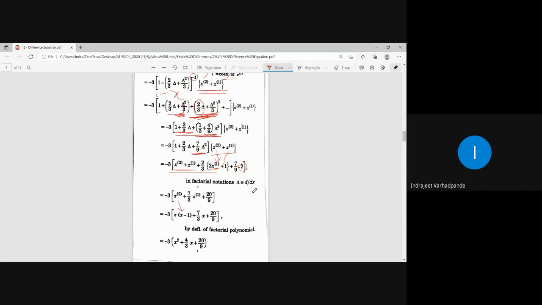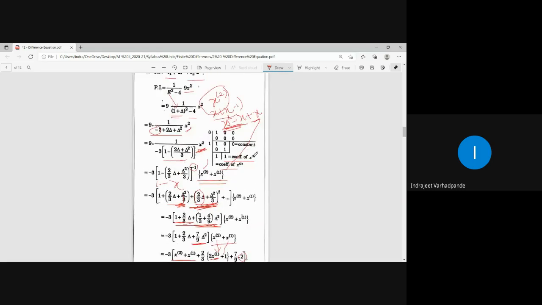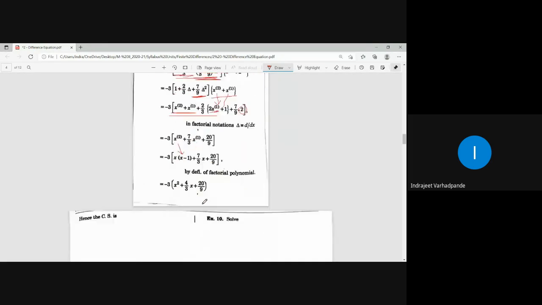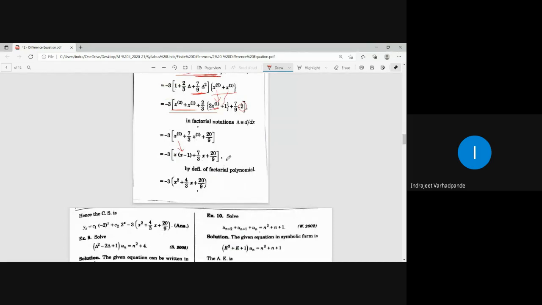So this is how we simplify it with the help of case number 3 when RHS is a polynomial. The major thing you need to remember is replace E by 1 plus delta. The polynomial is to be converted to the factorial polynomial, use binomial expansion and simplify.